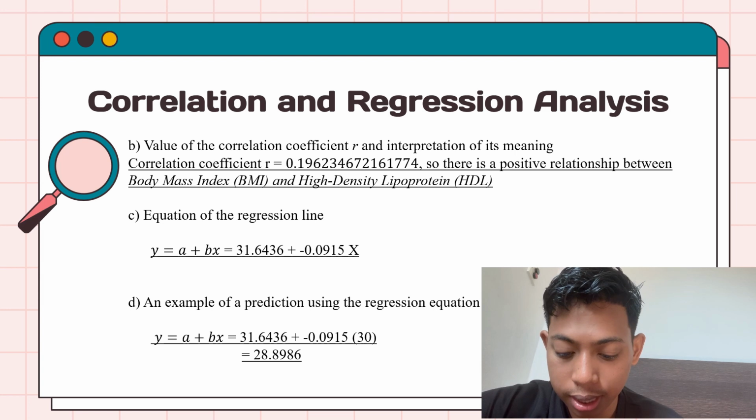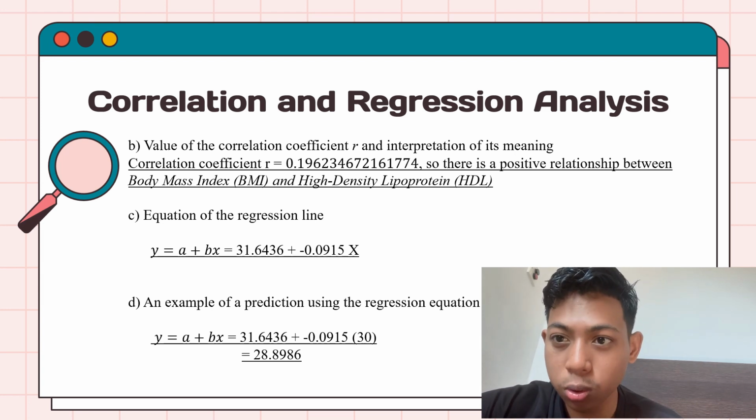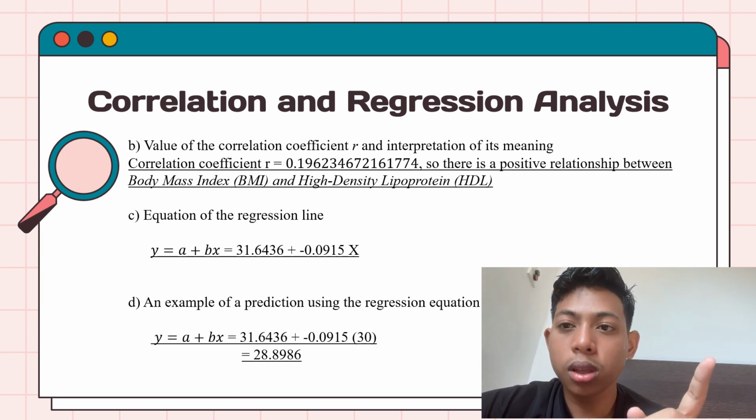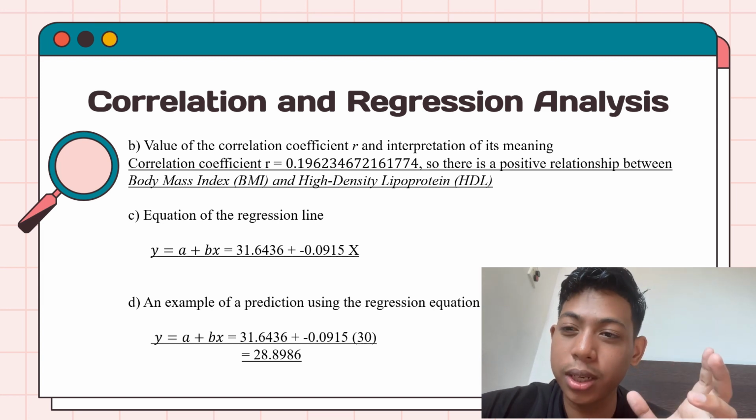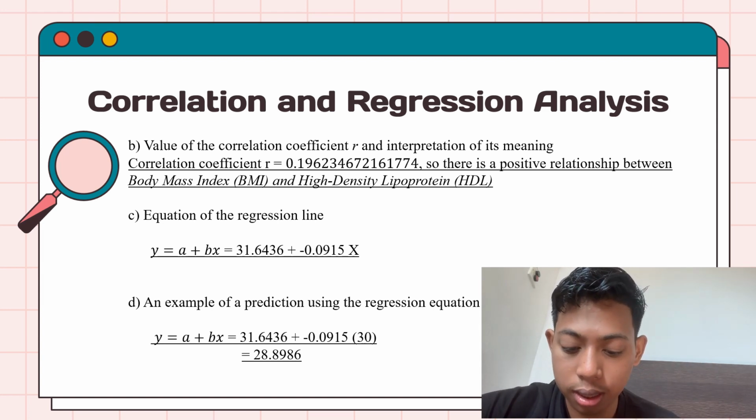So the value is negative 0.0915x. For this, we can place any number or sample data. For part D, an example of prediction using the regression equation, we put x as 30, so the answer is 28.8986.